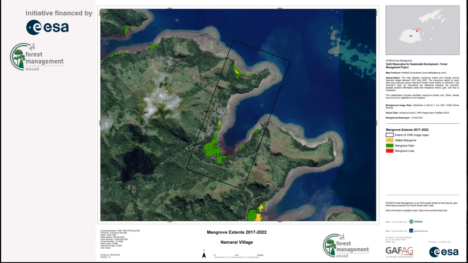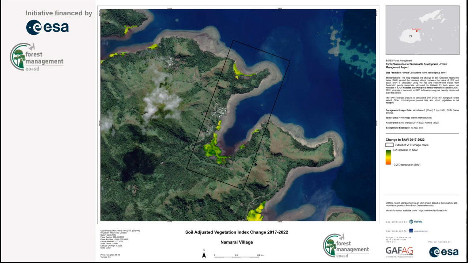One thing we did is we used this mangrove condition product approach to look at the change in the vegetation index between 2017 and 2022. And what we could see is a clear increase in the vegetation index, which indicates an increase in mangrove density.